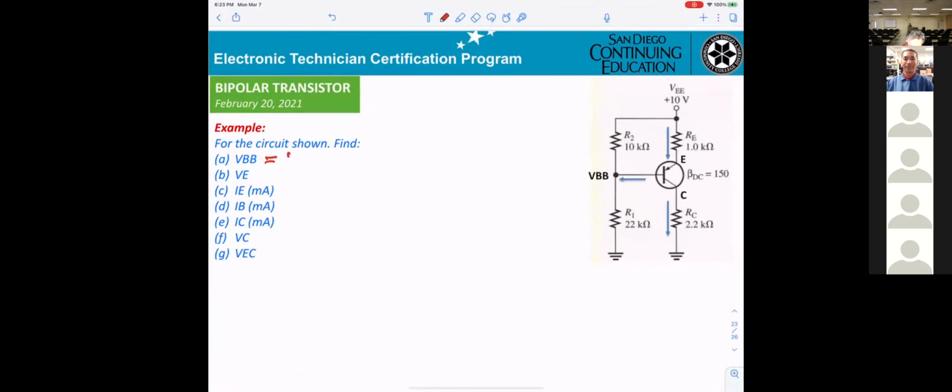VEE times R1 divided by, okay, it's 0.875.